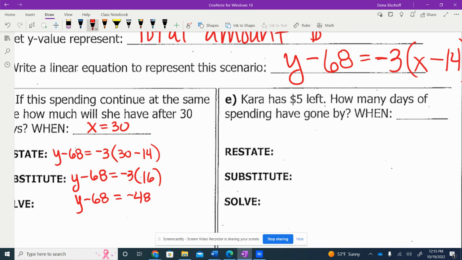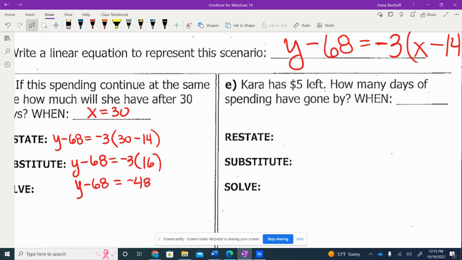You guys are doing awesome. Last step, what do I need to do? Add the 68 to both sides. Yeah, good job. So Y equals 20. So after 30 days, she'll have $20 left. Because she's just going to keep spending her money.